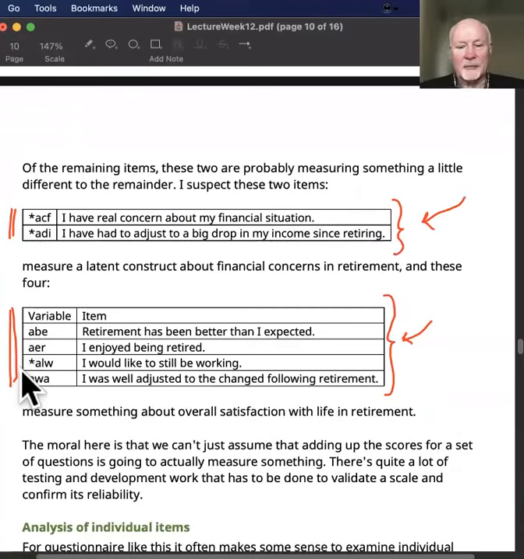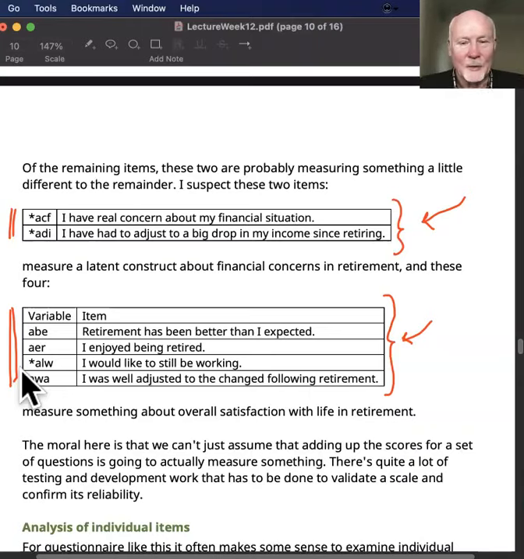And you see, one of the problems with measuring latent constructs is you're kind of working in the dark, because you don't have anything to reality check directly against. You can't connect electrodes to a person to measure their financial comfort or their retirement satisfaction, and then see if your questionnaire is giving you the same answer.